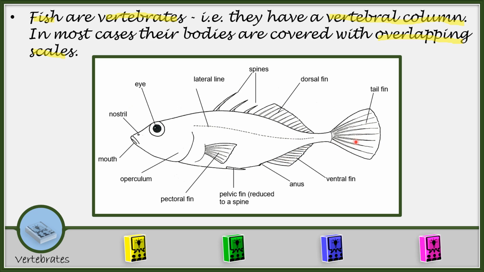This is the tail fin, dorsal fin. It has the spines, and it has got the lateral line. So we are saying it has overlapping scales. There are scales which are overlapping all over its body.